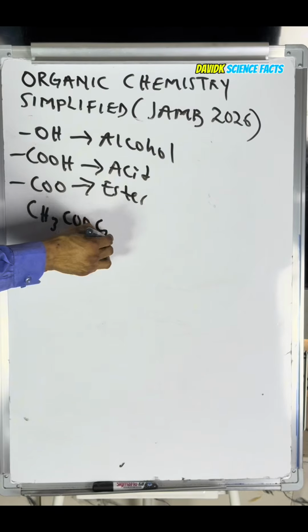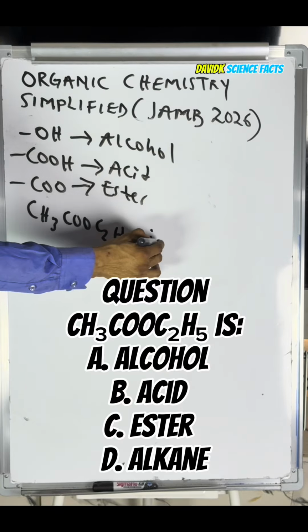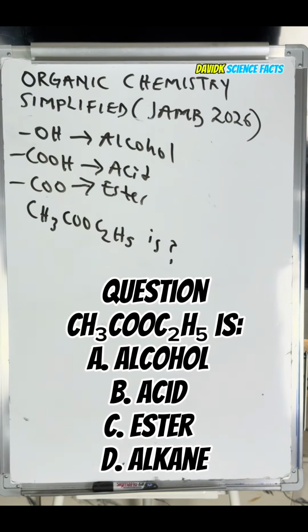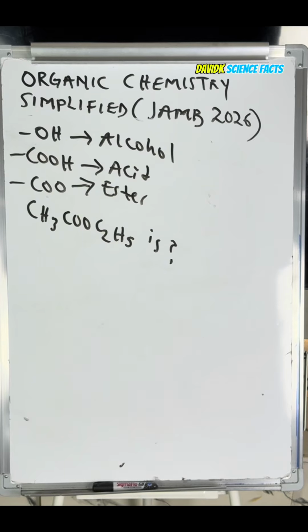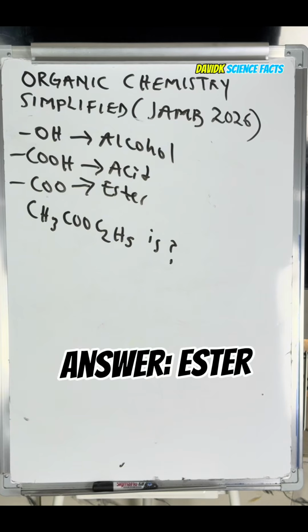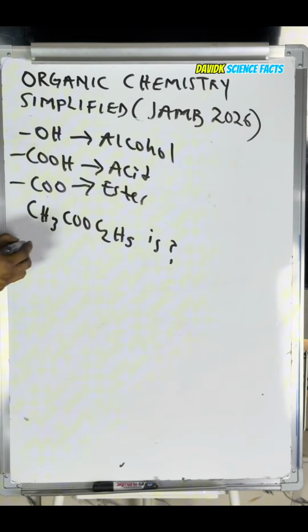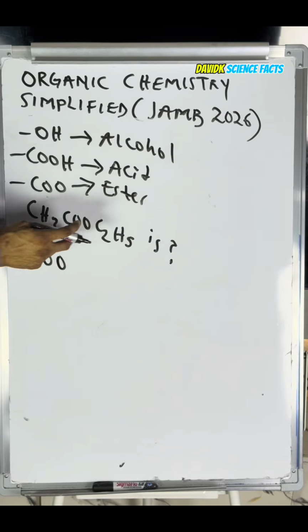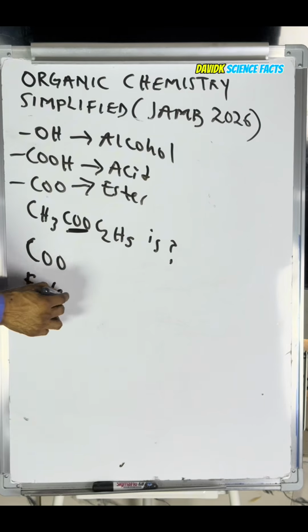CH3COOC2H5 is option A, alcohol, option B, acid, option C, ester, option D, alkane. From the question, just take a look at the middle. You should know the answer is ester. Remember, I said whenever you see COO in the middle, you know it is ester.